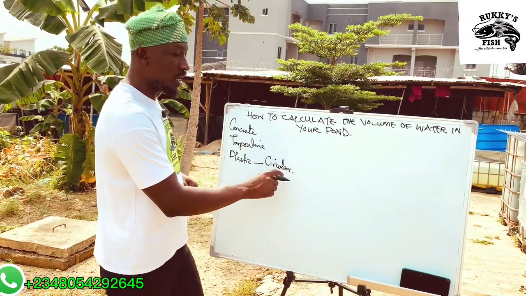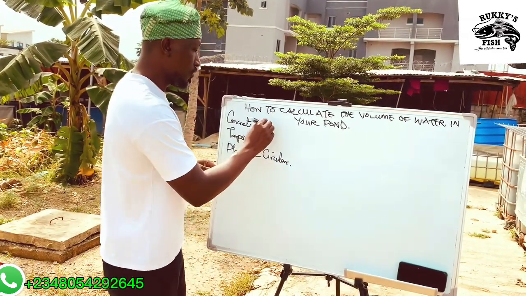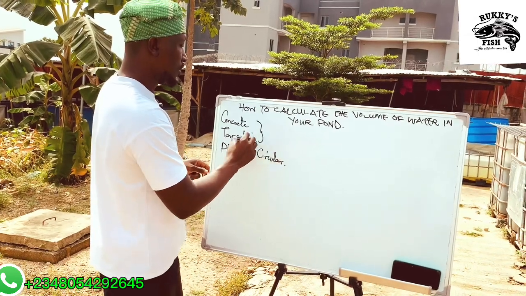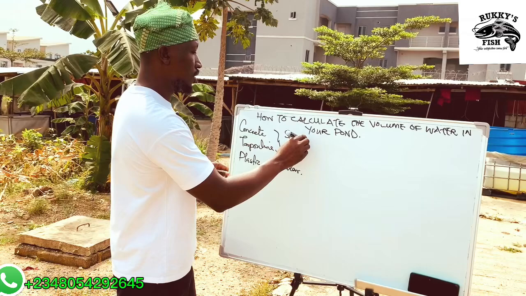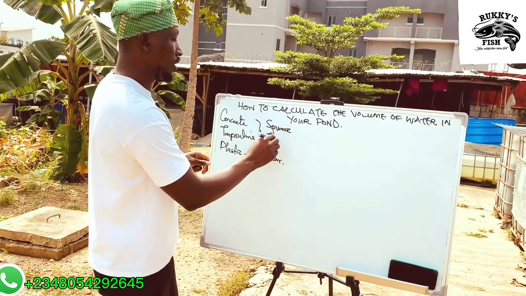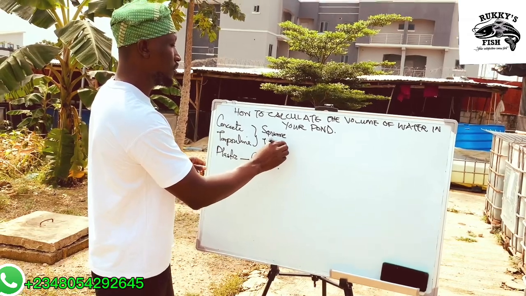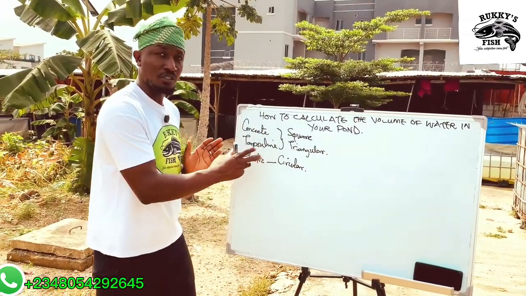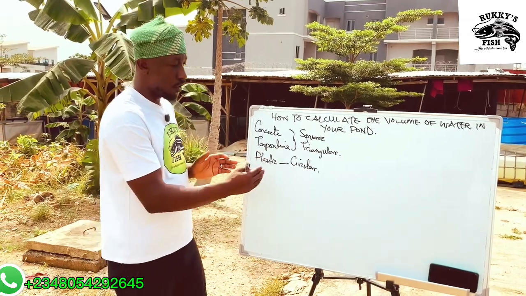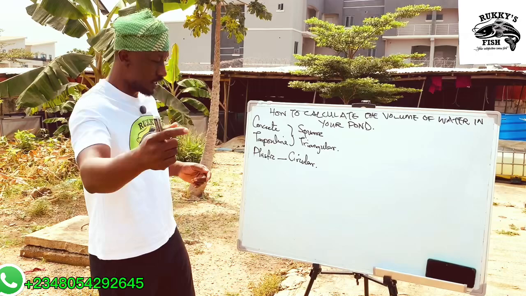So there's a formula that guides in the calculation of volume for circular ponds. Then for these two, we also have the square and the triangular most of the time, right? So having established this fact, this will now help us to go ahead with our calculation. Are we ready? Let's go.